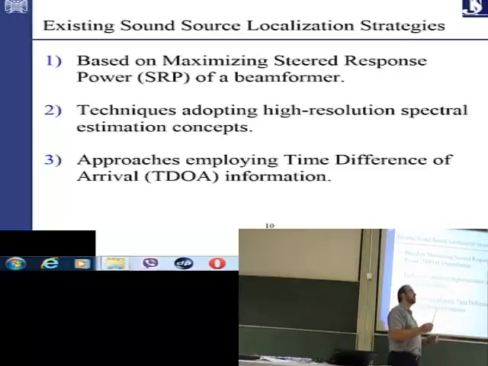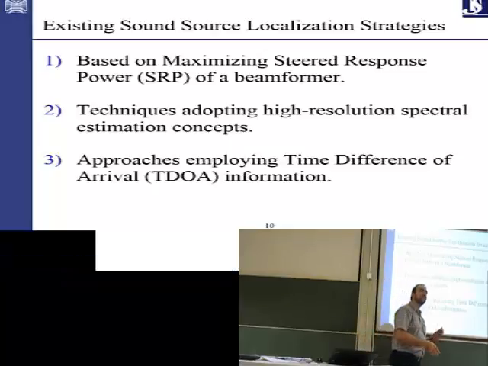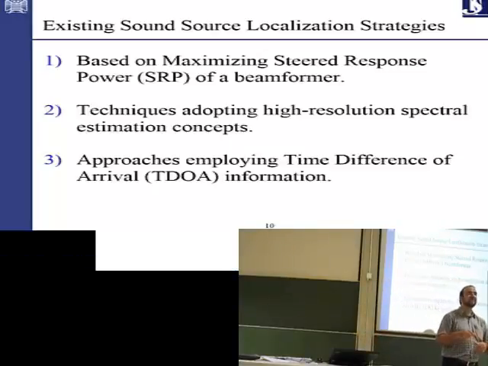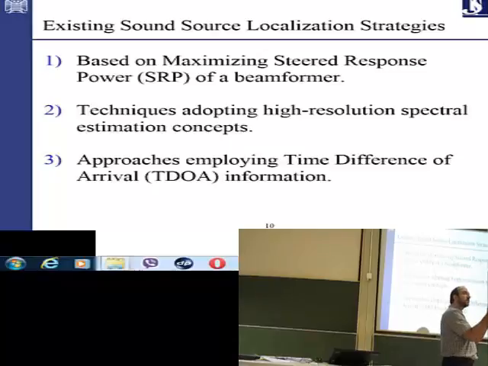So steered response power is an algorithm that normally uses beamformers, giving different weights to the beamformer to localize every point of this three-dimensional space, and then finally in the pattern it sees that there is a localization or accumulation of the power in this part, so it means that there is a source in that part.